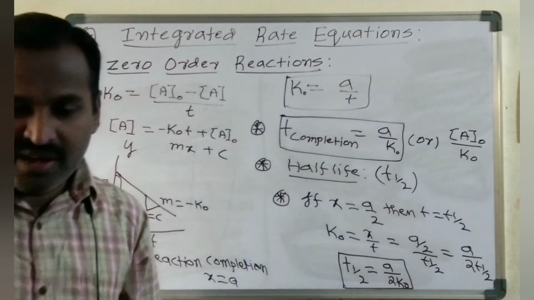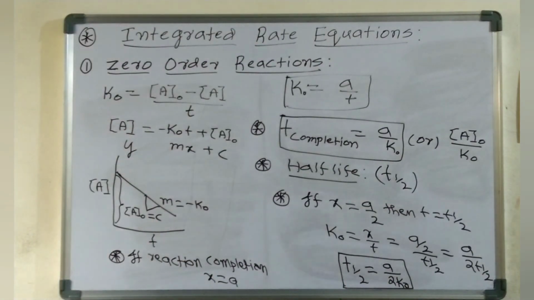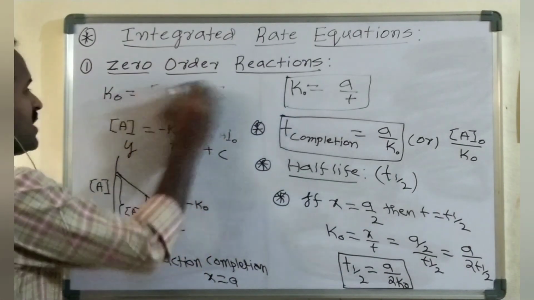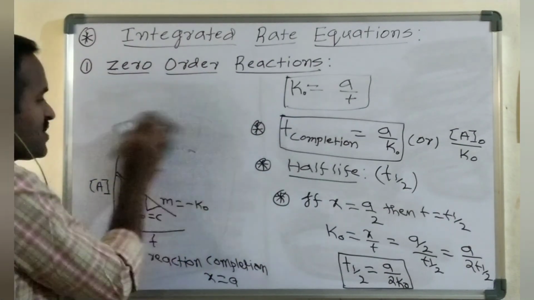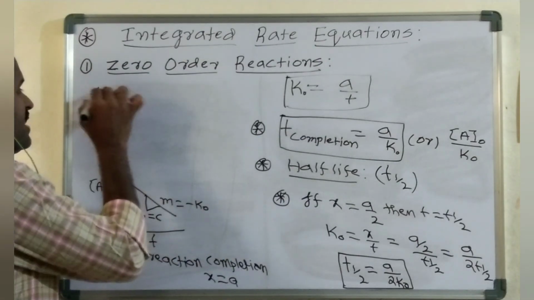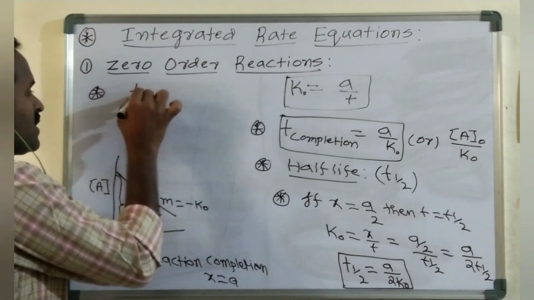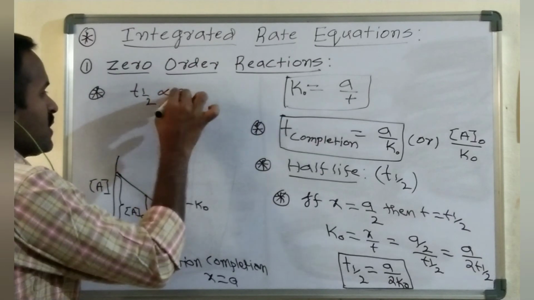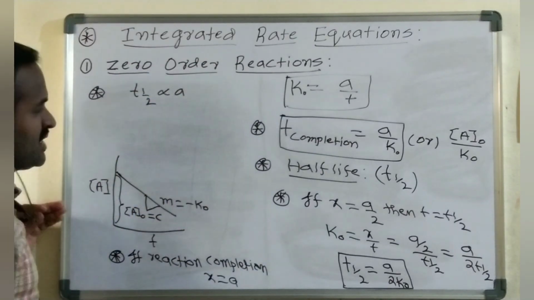From this I can write that t half is directly proportional to the initial concentration of reactant.